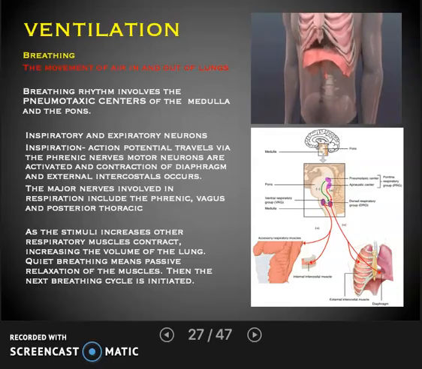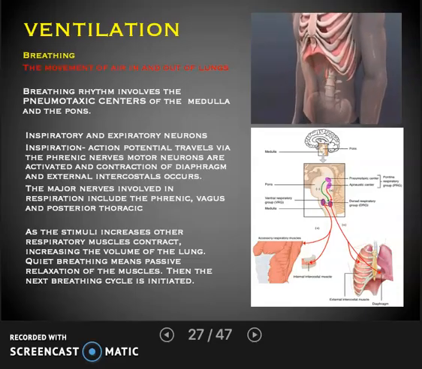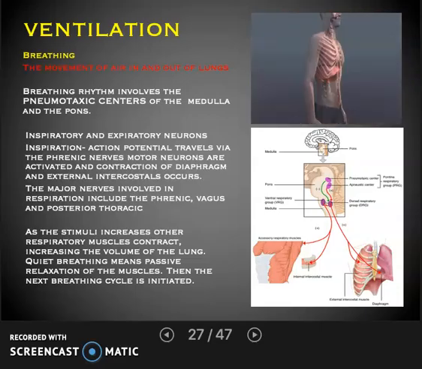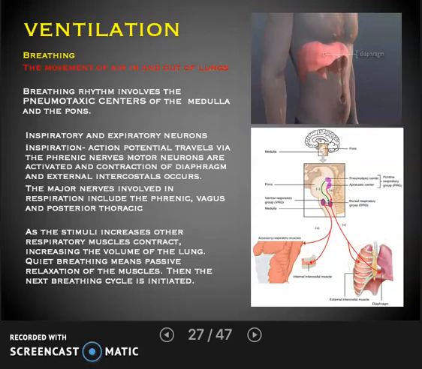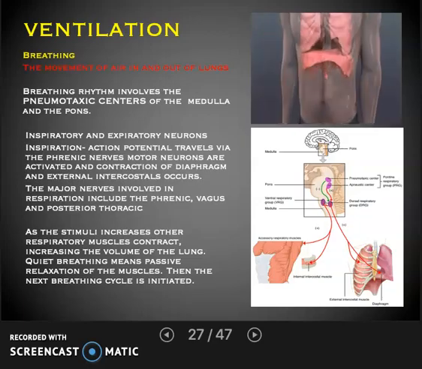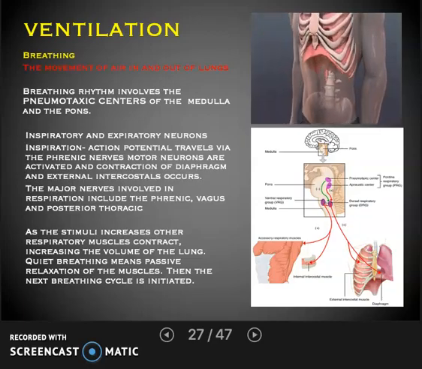The nerves of the respiratory system involve the phrenic nerve, but also the vagus, and then these posterior thoracic nerves, and they're all involved in activating those muscles that allow the movement of the rib cage. So as you increase stimuli, the muscles contract, and you can increase lung volume, and that is how we control ventilation.